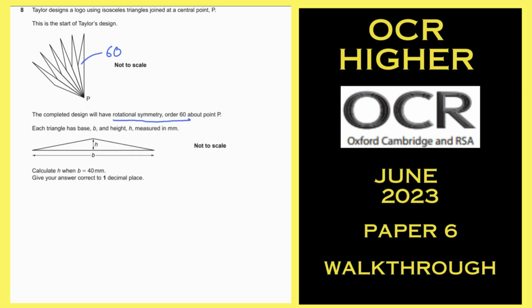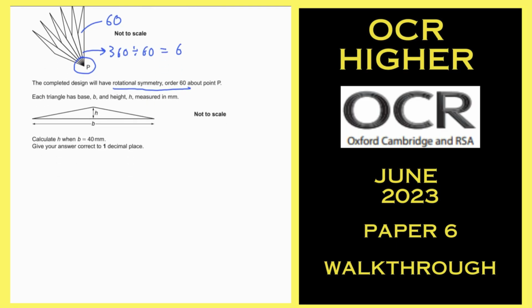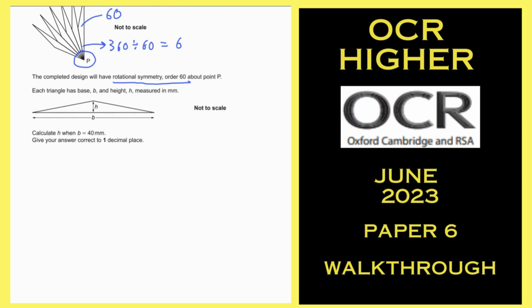More importantly than that, if there's 60 of them, and they have rotational symmetry, they will fit around a point. That means each little angle down the bottom will be 360 divided by the 60 to give a very small angle of 6 degrees. Let's take that forward.